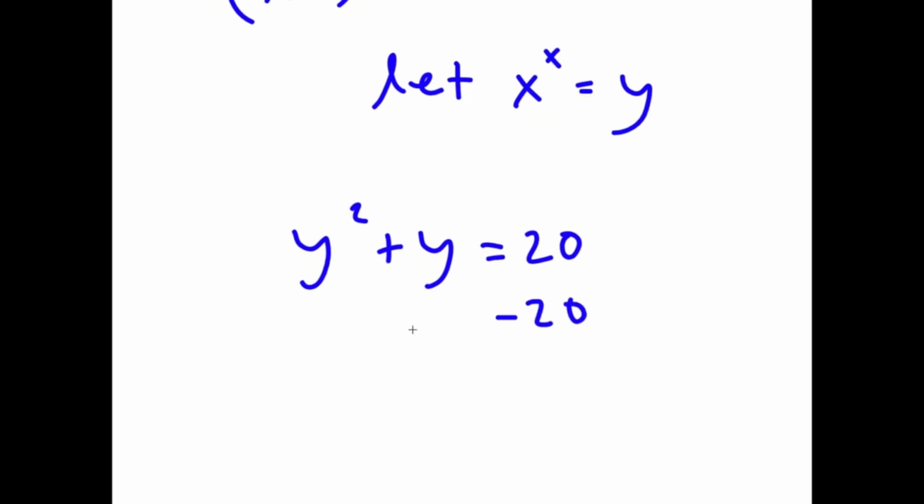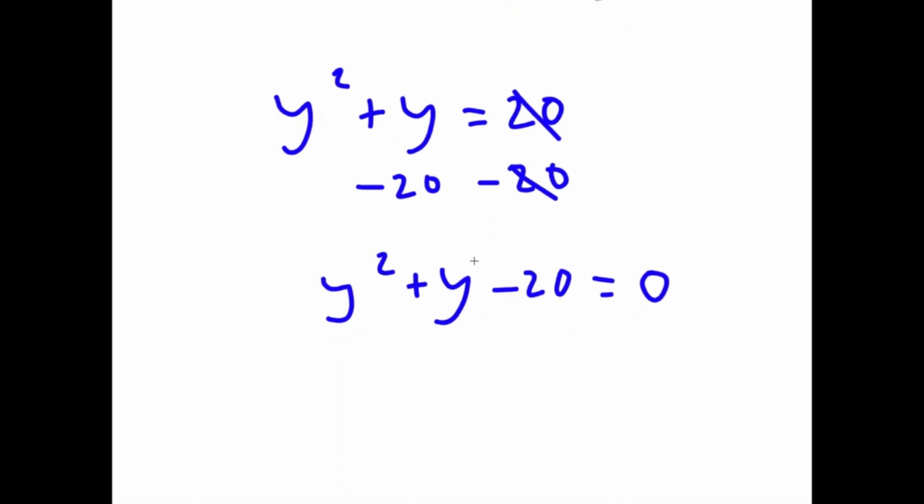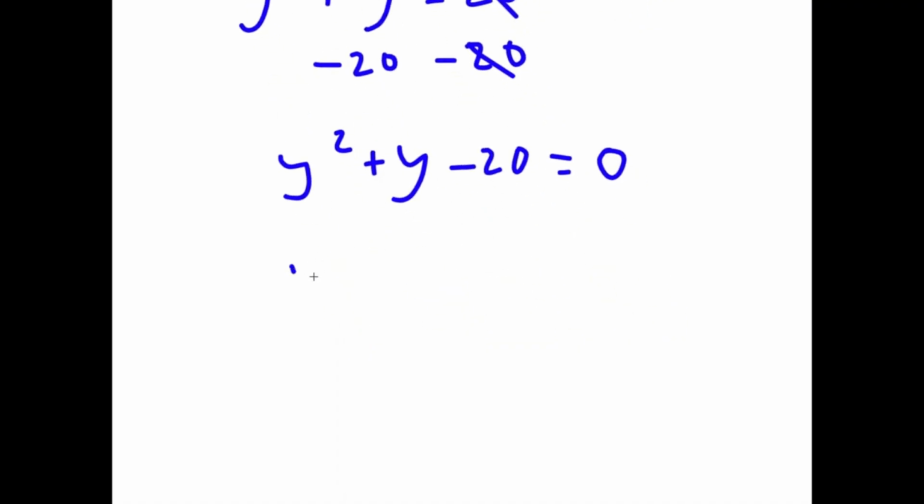Now if I subtract 20 on both sides, I get y squared plus y minus 20 is equal to 0. So now to solve this, I'm going to simply factor it. I can rewrite y here as negative 4y plus 5y.